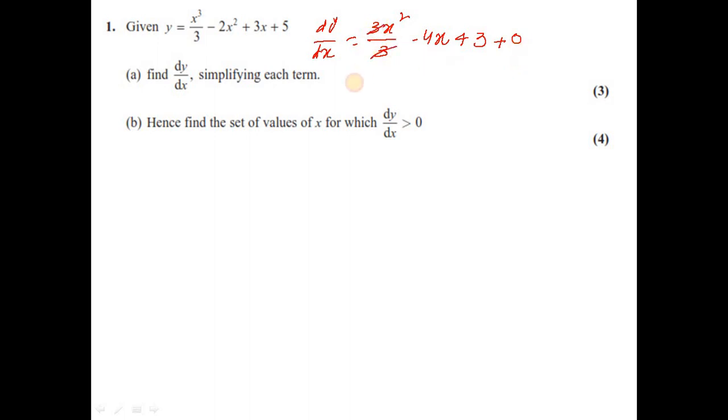So this 3 gets cancelled, so dy by dx is equal to x square minus 4x plus 3.